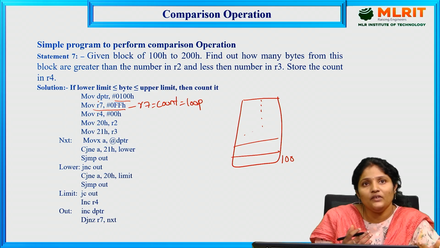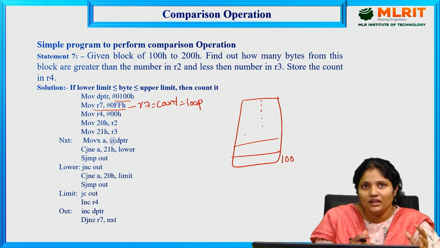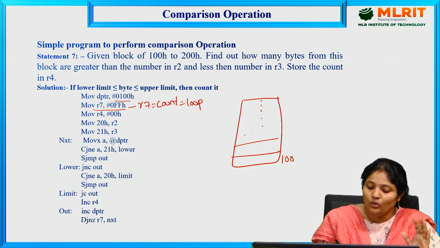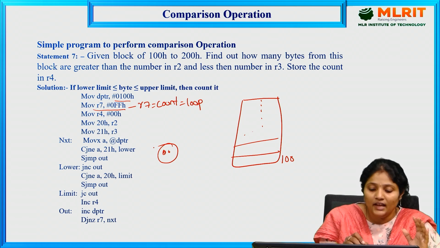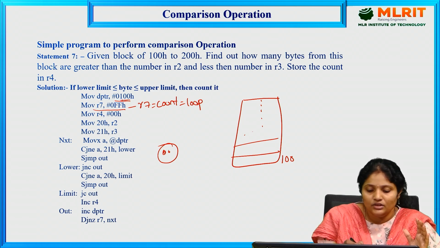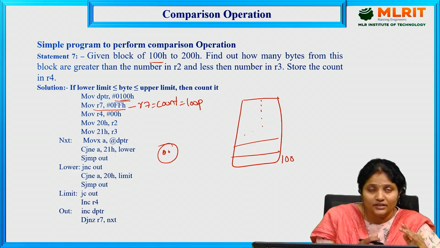Why are we giving it to the DPTR? See, if we are using the controller's internal memory, then only 2-digit locations will be there. But here they have mentioned 3-digit locations, which means it is always telling that it is the external memory, not the internal RAM.